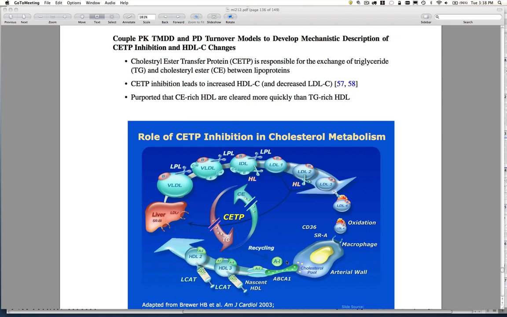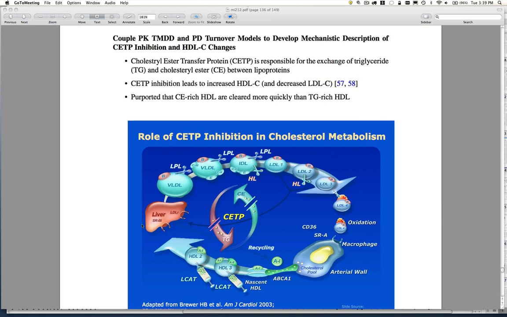And then HDL is responsible for going out and scavenging up cholesterol and returning cholesterol to the liver, and thereby providing a clearance mechanism for cholesterol from the body. So it's thought that LDL is bad cholesterol and HDL is good cholesterol, because this is cholesterol that's going out and going to be causing damage, while this is cholesterol associated with the high-density lipoproteins that's eventually going to get cleared by the liver.